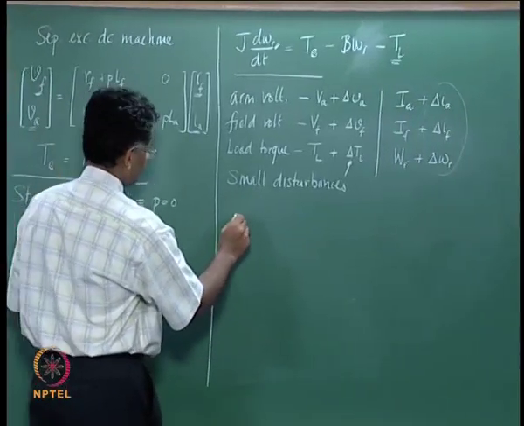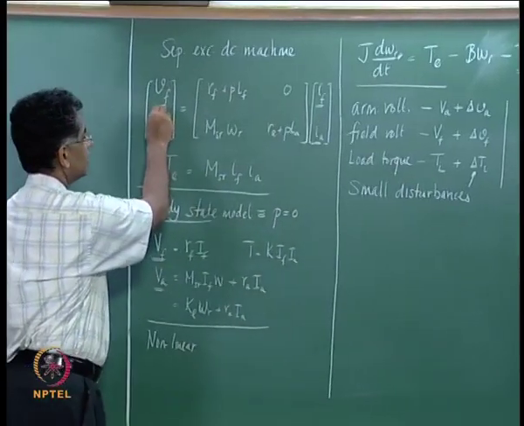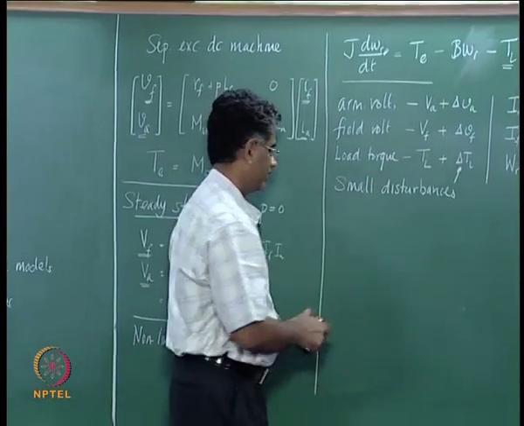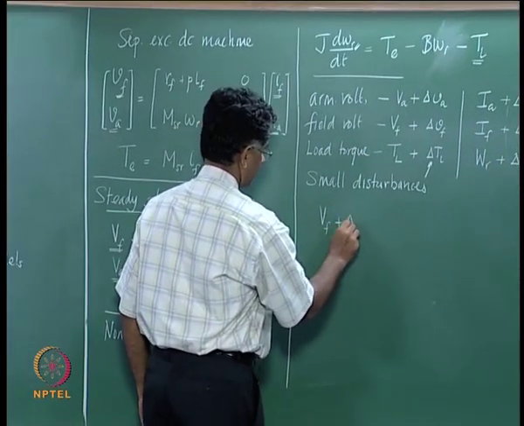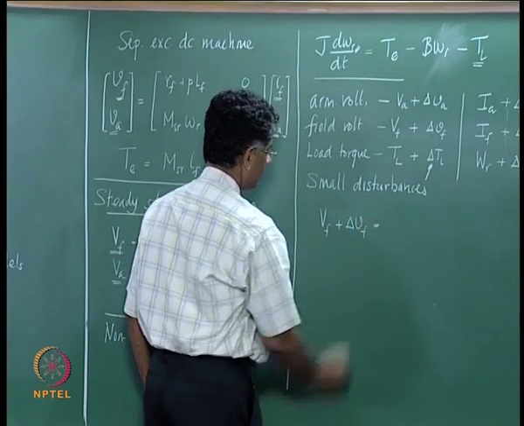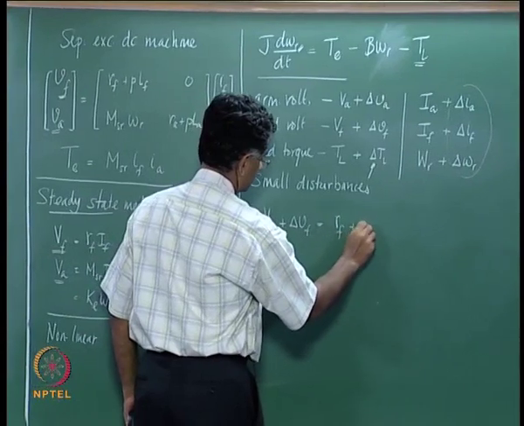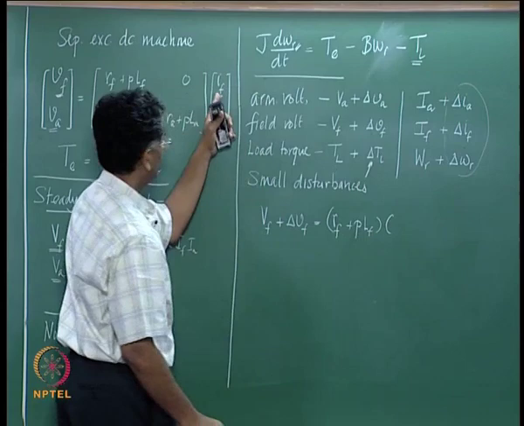If you expand these equations and say that Vf is now equal to Vf plus delta Vf, so we have Vf plus delta Vf. This should then be equal to Rf plus P times Lf multiplied by If.